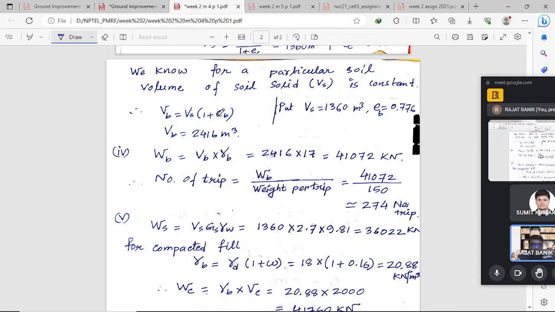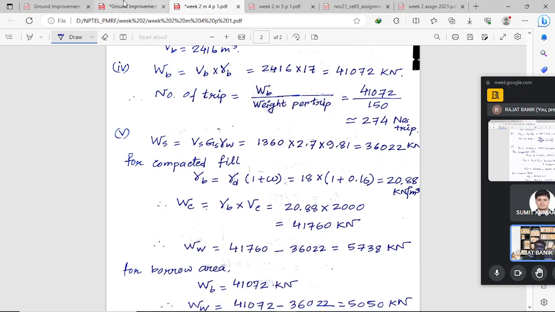We simply divide the total weight of the borrow pit by the weight per trip of a truck, which is 150. We can easily find the number of trips, and it is almost 274 trips.